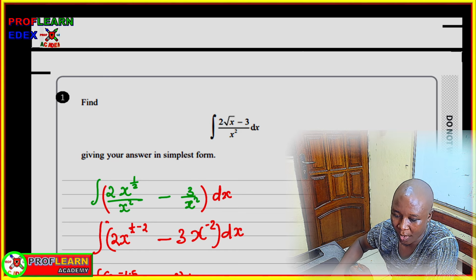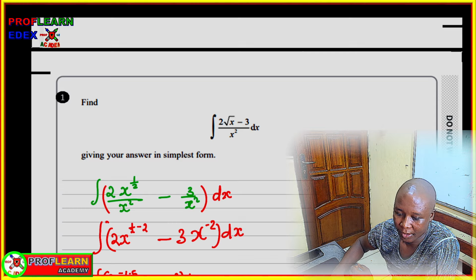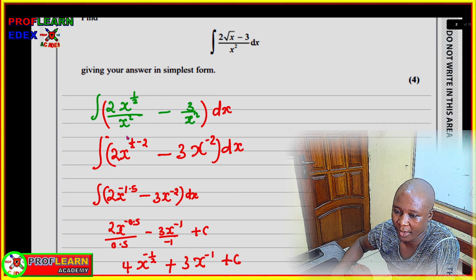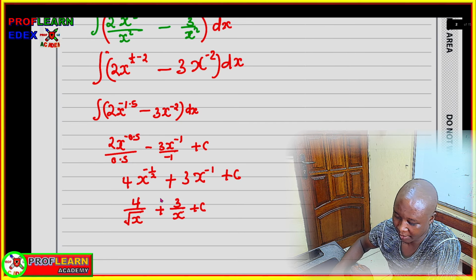That's why I decided to take this term and divide by x squared, and also this term I divide by x squared. So everything simplified very well, and I got my simplified expression as 2x raised to the power negative 1.5, because 1/2 minus 2 gave me that, and then I integrated.